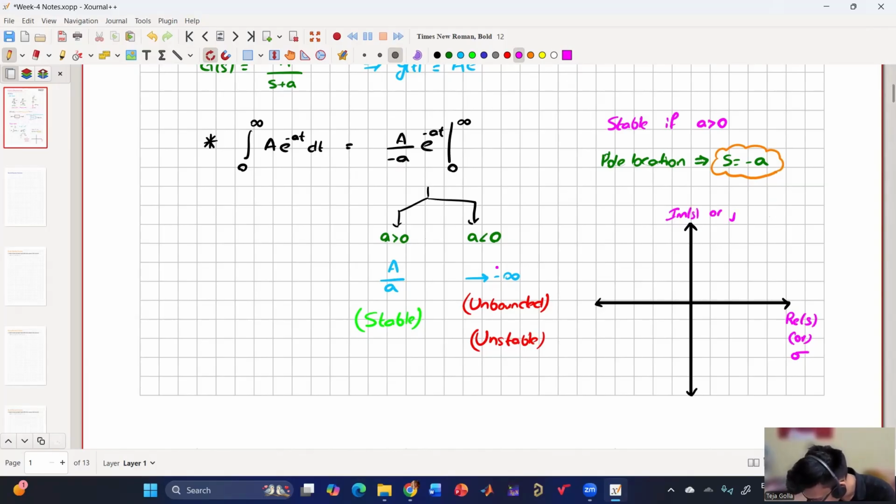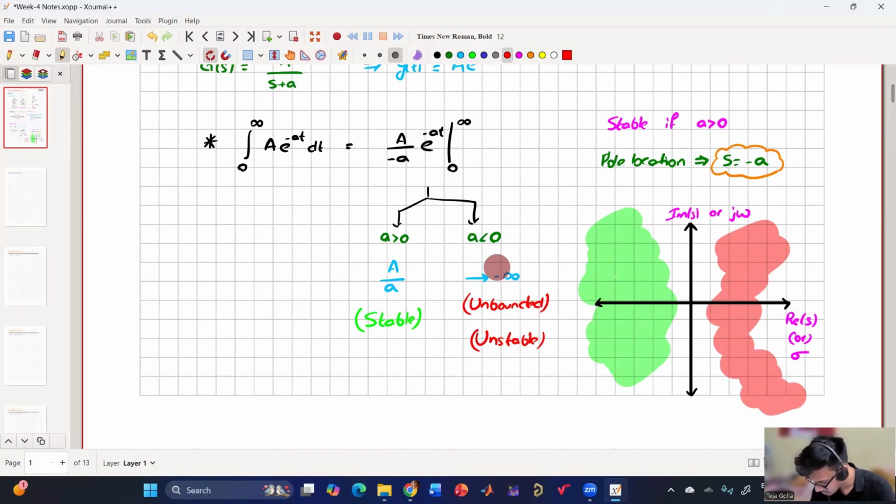So we can say this left side region is stable, whereas this right side region is unstable.